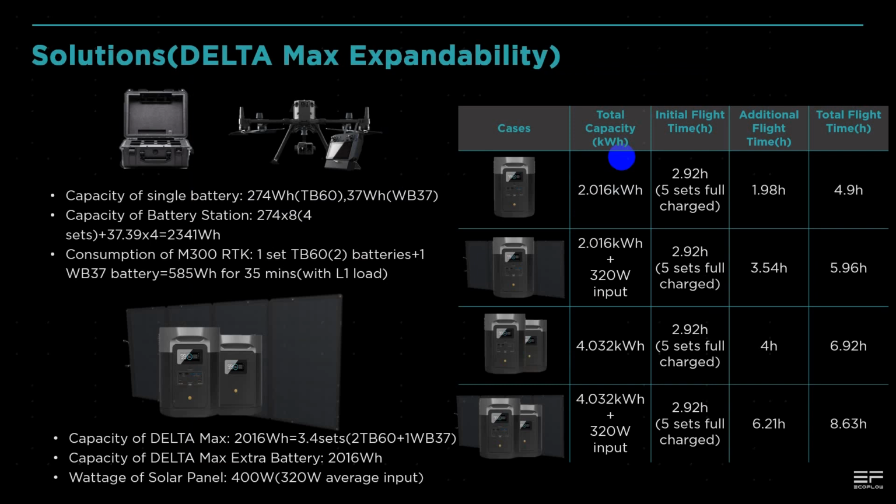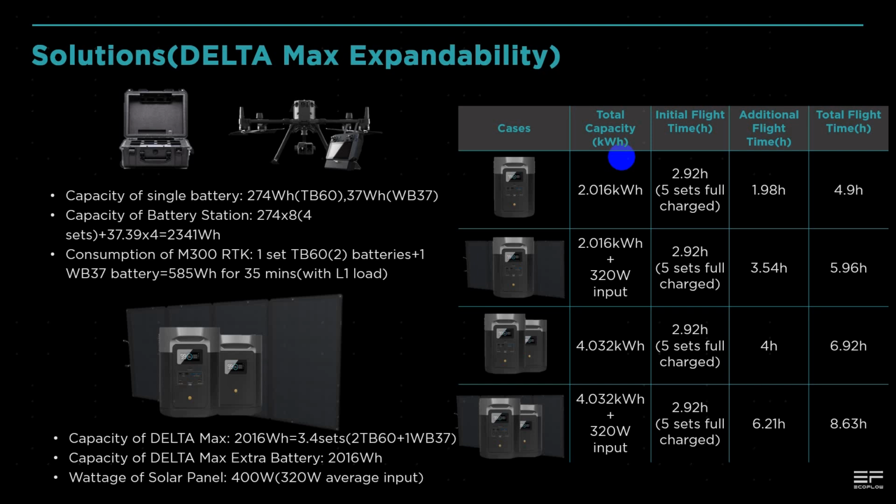First of all, let's list the parameters of the rated equipment. The capacity of a single battery of TB60 is 274 watt-hours. This is the battery for M300 RTK, and the capacity of WB37 is 37 watt-hours.